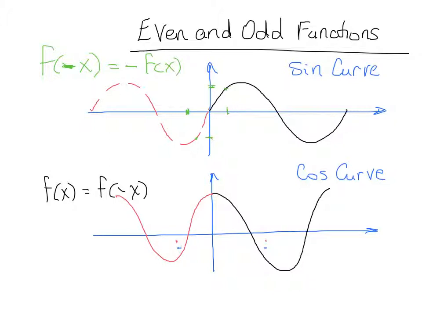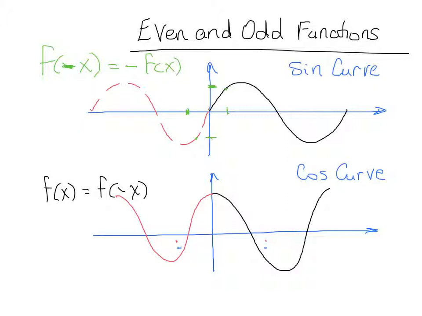The y value here is still the same quantity-wise, absolute value-wise, but it is going to be negative now. So basically, our y-axis is acting kind of like a mirror, but then you're flipping the graph upside down. So the original sine curve looks like this, and then when you look at your mirror right here, everything is flipped upside down, and that's how you know it's an odd function.